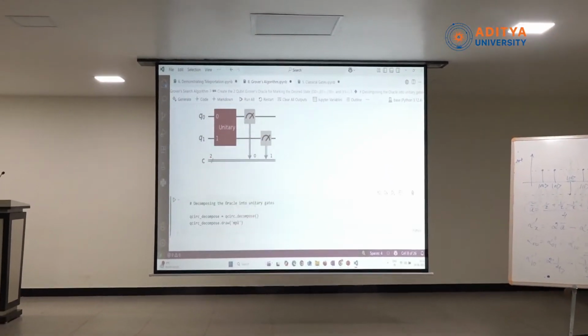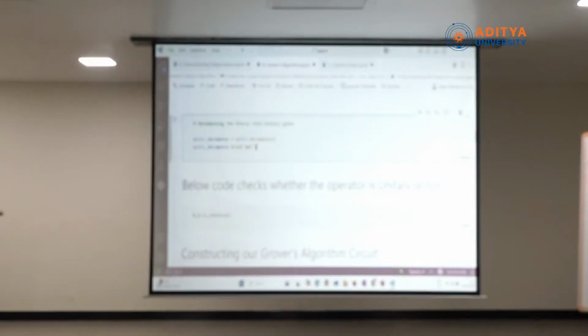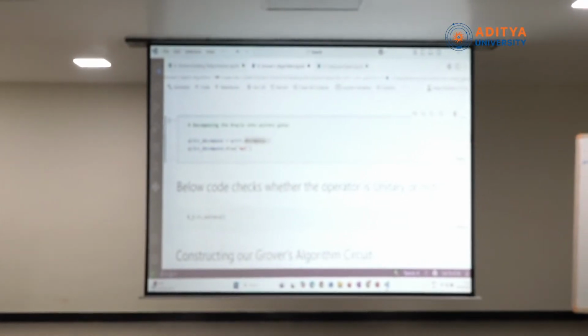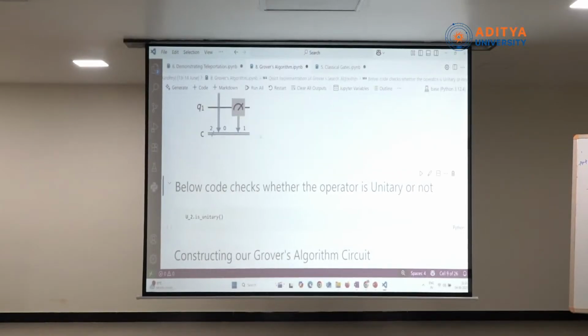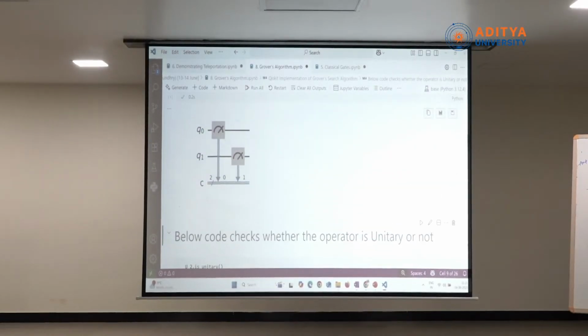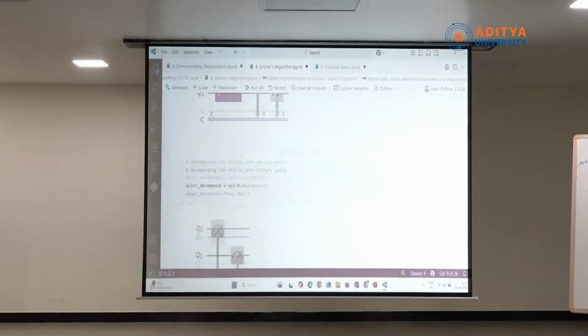Now after that, this is the decomposition. Decomposition of what? Decomposition of the oracle. Okay, let me check. There is nothing decomposed. I told you we have not marked anything, so the unitary is basically showing these vectors. And this need not be shown because it is implicitly coded.